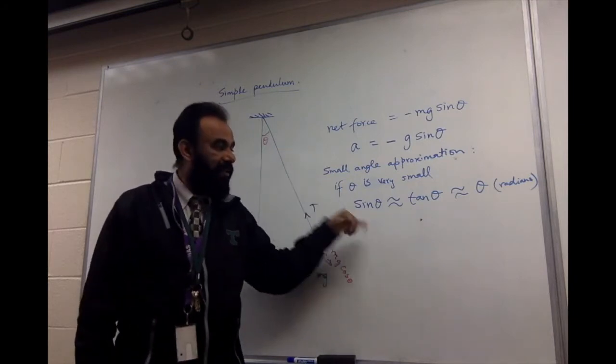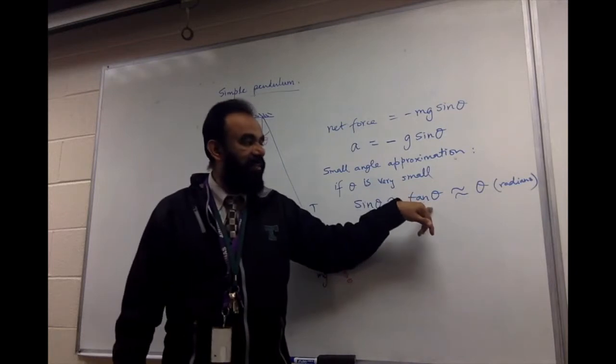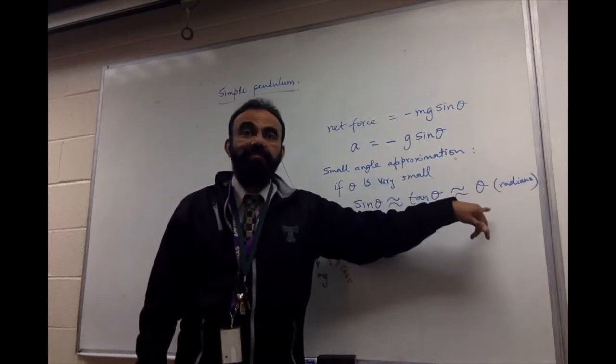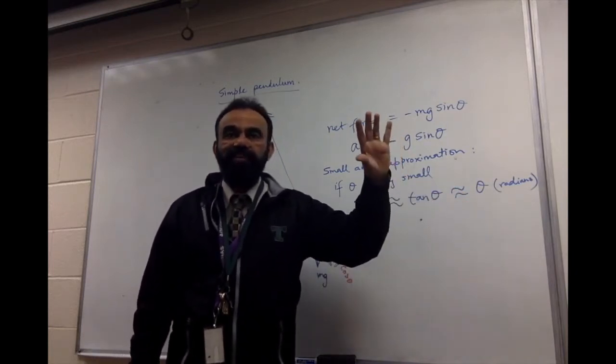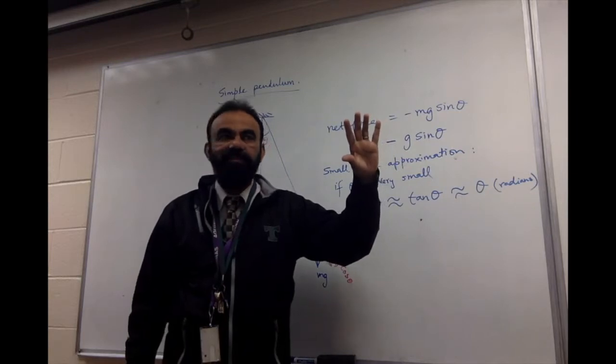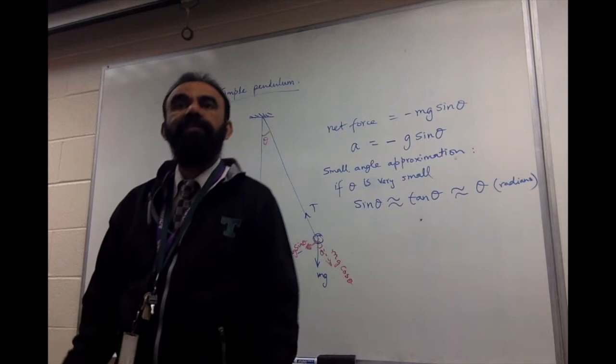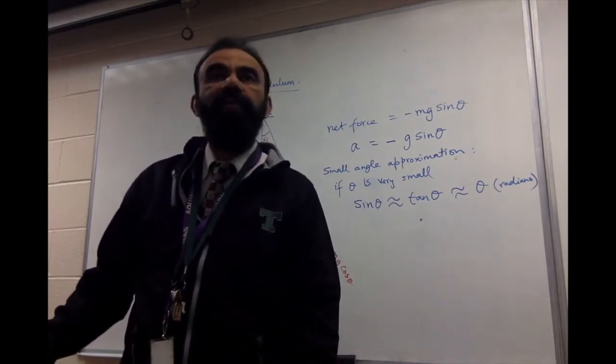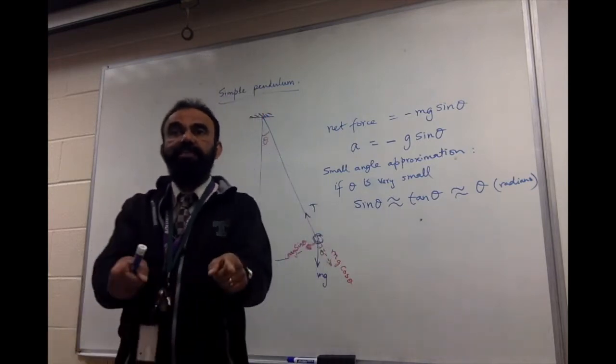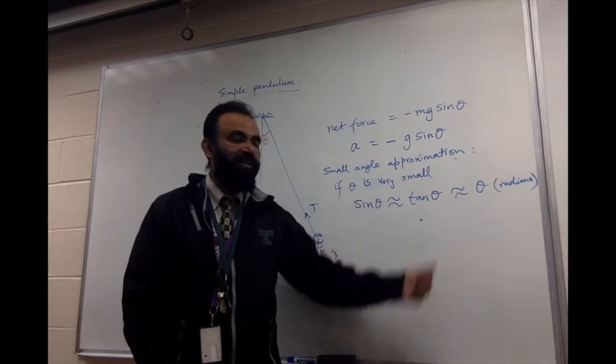What is 5 degrees in radians? 0.0872. How do you change degrees to radians? Multiply by pi and divide by 180. Do that and you'll see the same answer that you got for sine theta and tan theta.